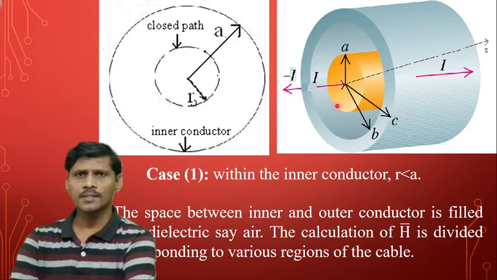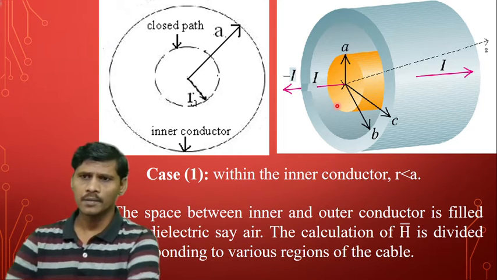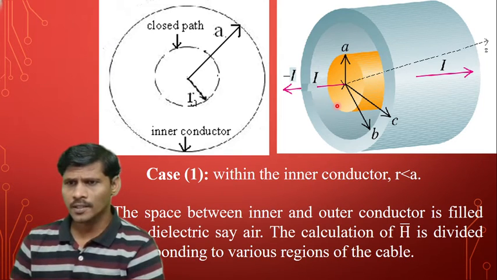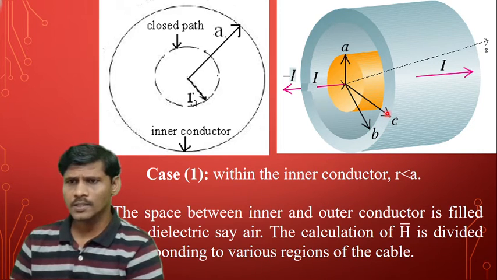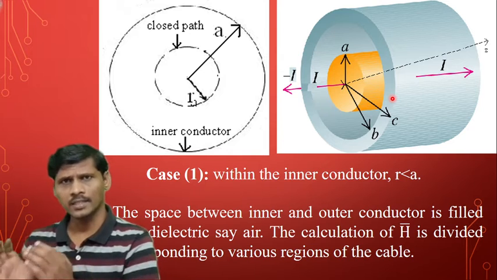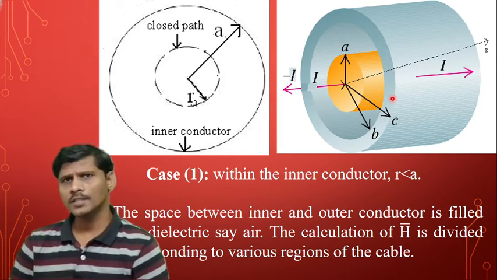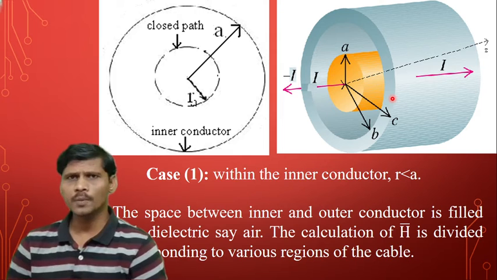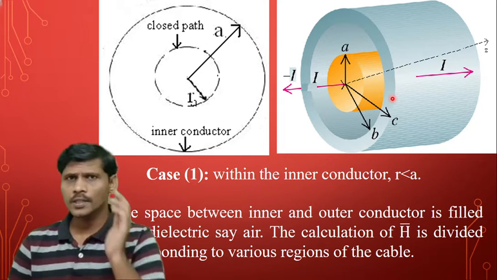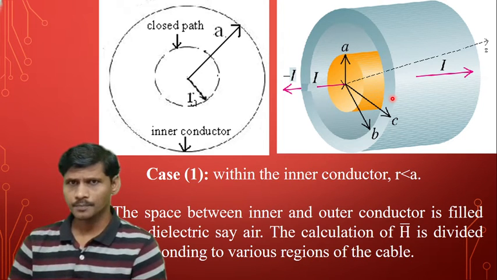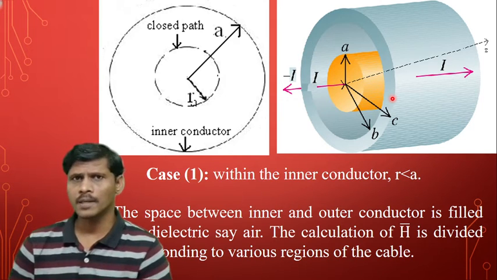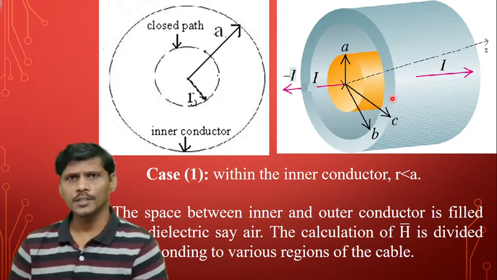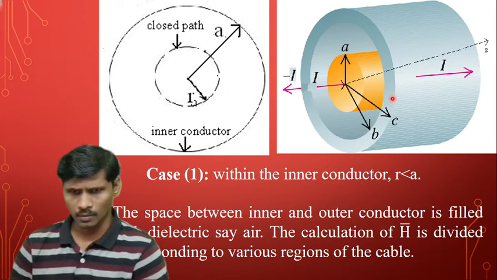Now here the outer conductor is arranged in the form of two concentric cylinders, so consider the Amperean path between b and c, that is another case. And the fourth case is to consider the closed path or Amperean path outside of the outer conductor. So in these four cases we can determine magnetic field intensity due to a coaxial cable.